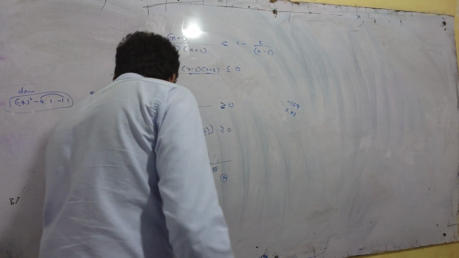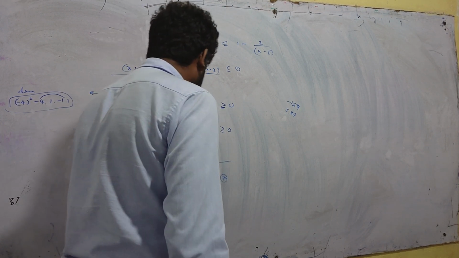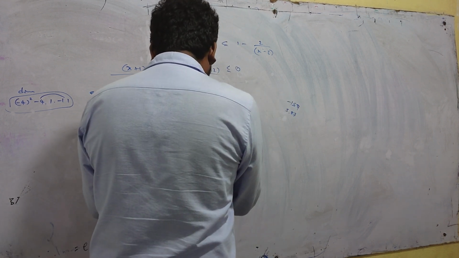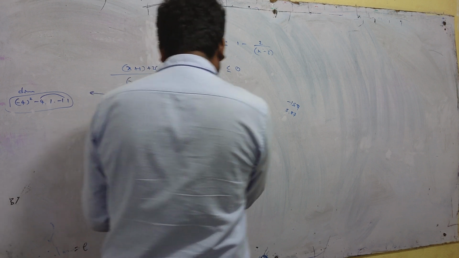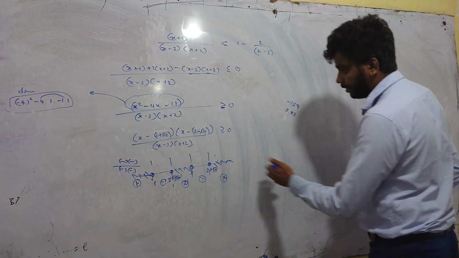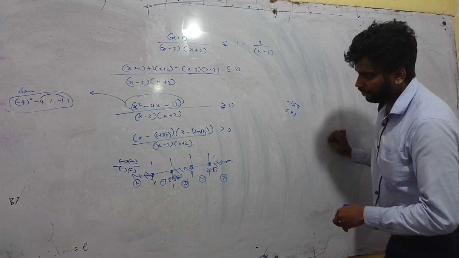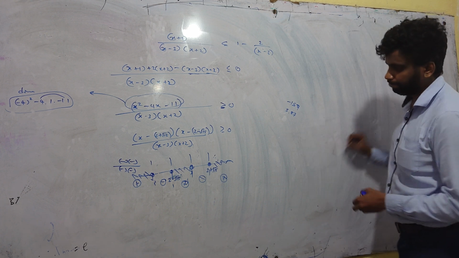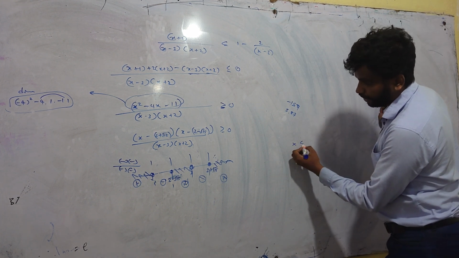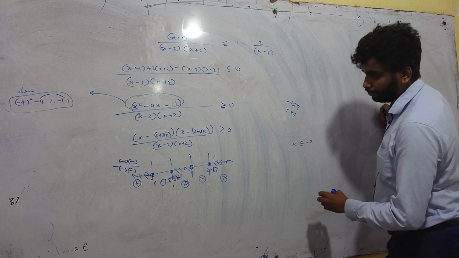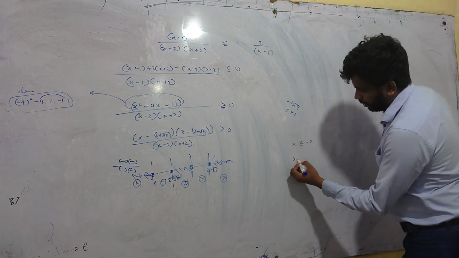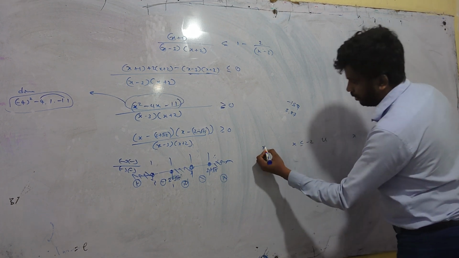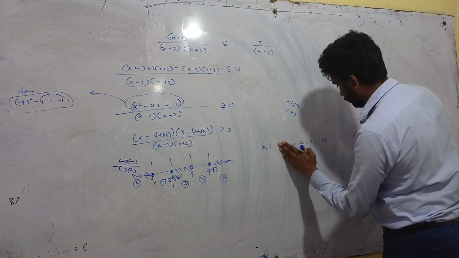We are looking for greater than this one, and this one, right? But these are the vertical asymptotes. So you can't include equal with 3, right? X is less than minus 2, union X exceeds 3.